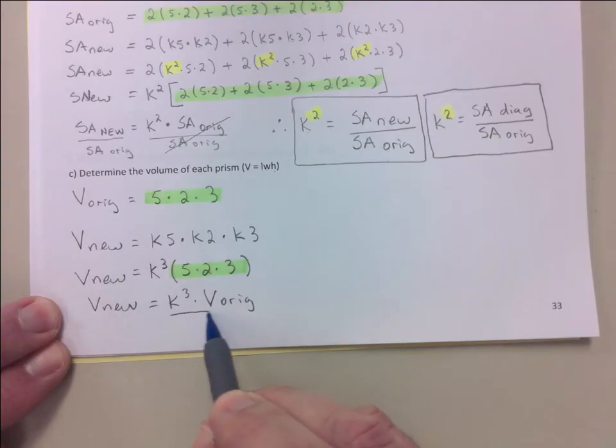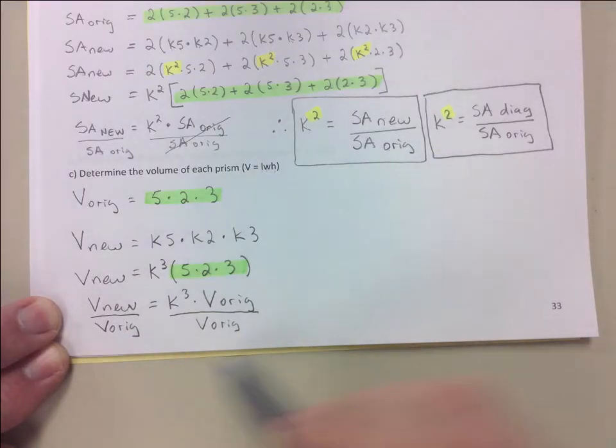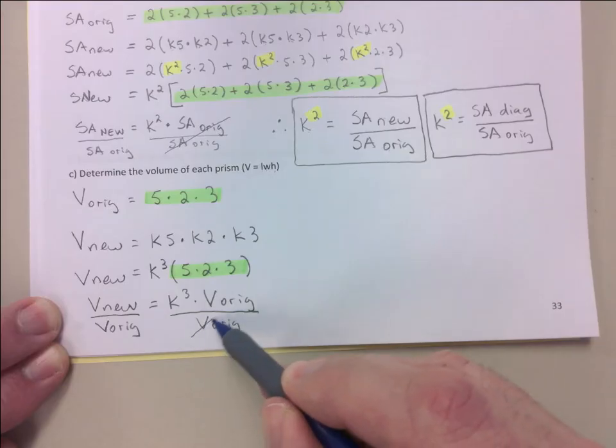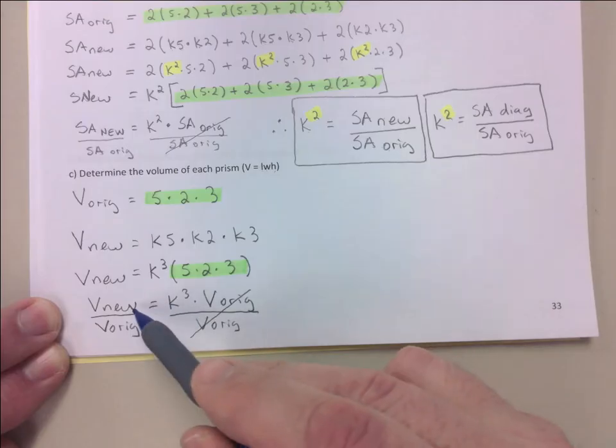We divide both sides by volume. We're manipulating the formula, right? We want it to look a certain way. That's why I'm doing this part right here that follows. So we cancel these 2. We're left with K cubed, volume of new divided by volume of original.